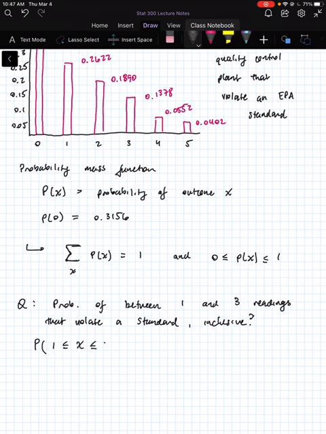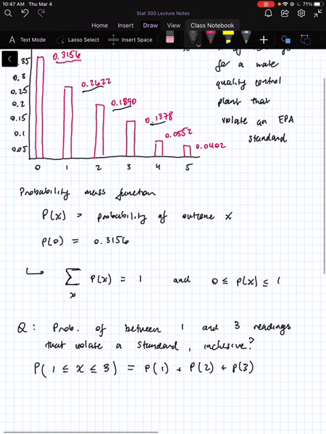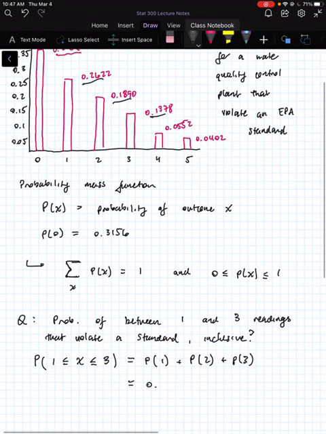So we would represent that as this inequality. X, our random variable, being between 1 and 3, including 1 and 3. So we would have to find the probability of 1 plus the probability of 2 plus the probability of 3, which is the heights of these 3 bars. So that's 0.2622 plus 0.1890 plus 0.1378.